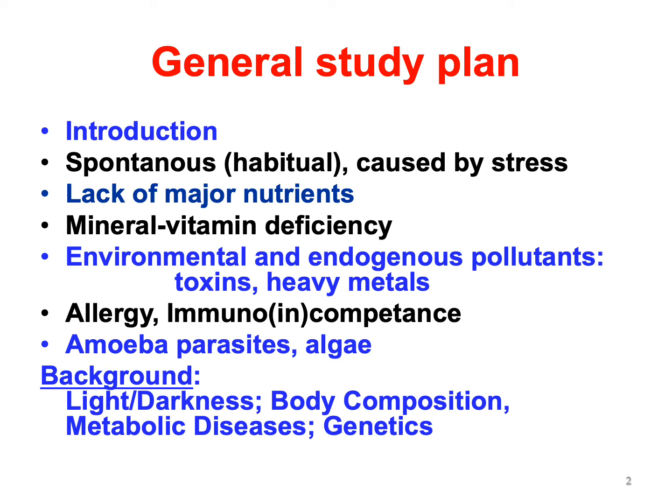At the background, we can imagine every time troubles of the circadian rhythm, light-darkness ratio, changes in the body composition, background metabolic diseases of the mother like diabetes in human and troubles of the sugar and ketone metabolism in the animal kingdom, and genetic sensitivity.